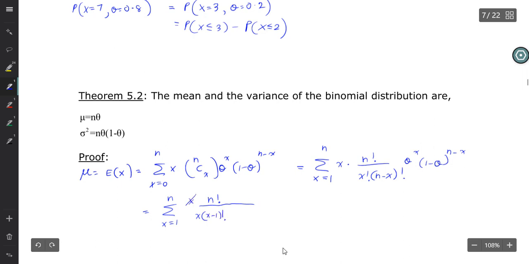So this x can cancel out. That's one trick that you can use. You know, x factorial is x times x minus 1 times x minus 2 all the way up to 1, so you can write this as x times x minus 1 factorial. So this x at the top you can cancel out, and you have the rest, theta to the x, 1 minus theta to the n minus x.